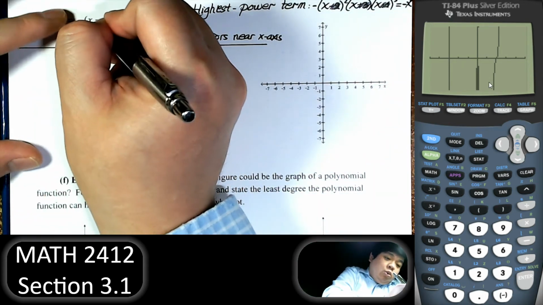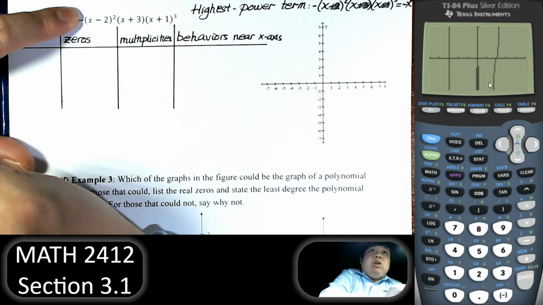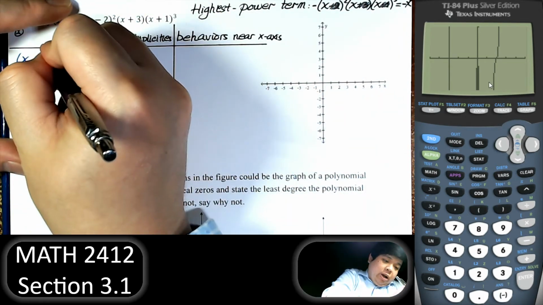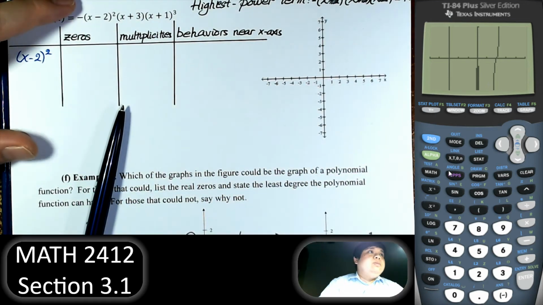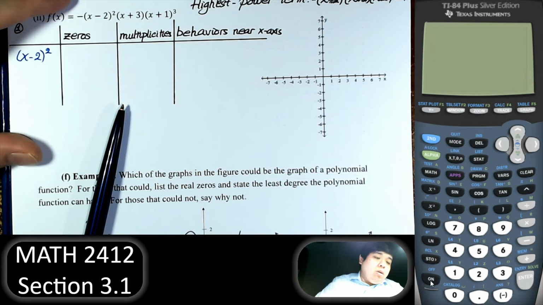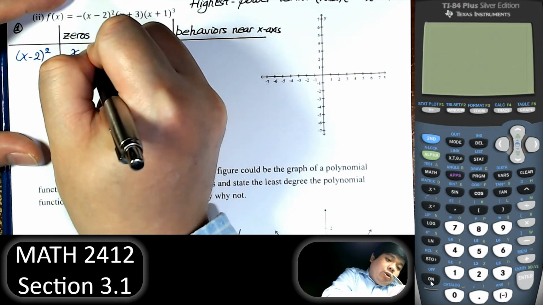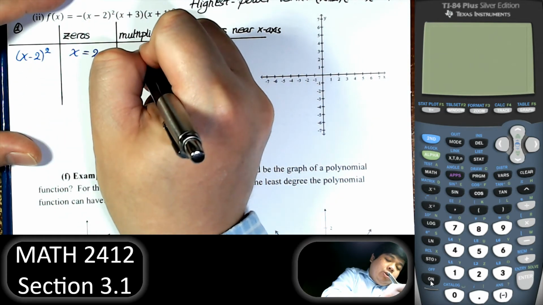First, the negative doesn't do anything to the zeros. We have x minus 2 squared, and because that gives us x equal to 2, multiplicity of 2.